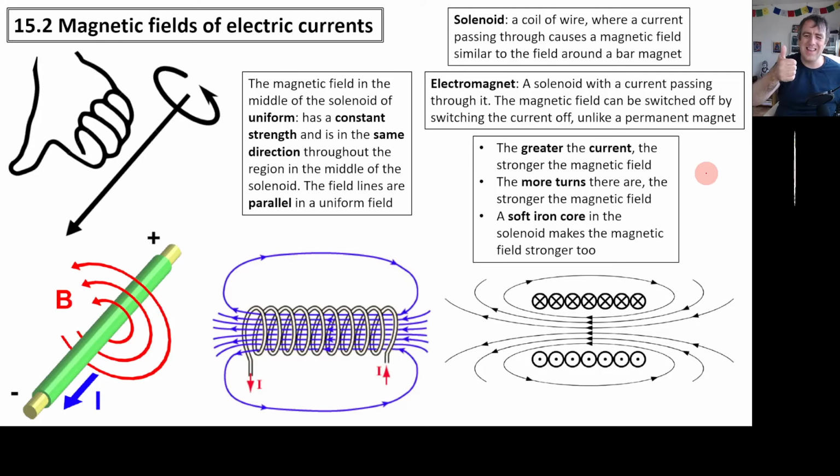If I had a current-carrying wire as a vertical wire here in front of me, and I gripped it with my hand such that my thumb was pointing in the direction of the current, then my fingers wrapped around the outside of that current-carrying wire would indicate the direction of the magnetic field. It's called the right-hand grip rule, or sometimes the right-hand screw rule.